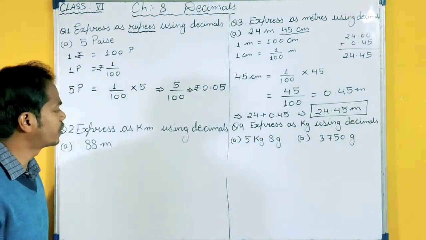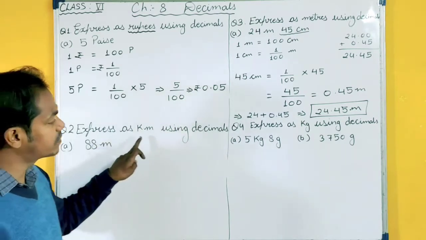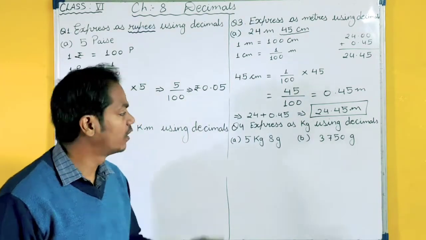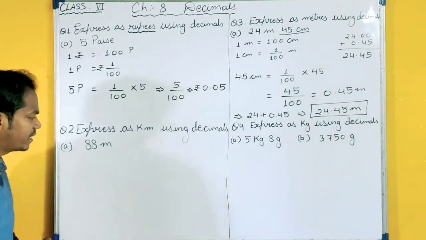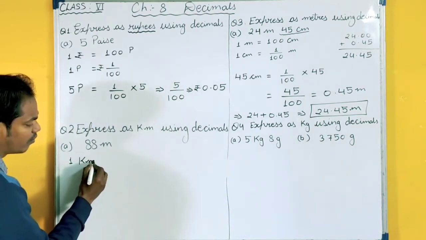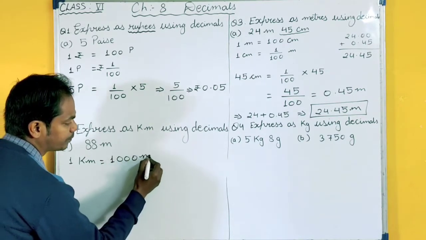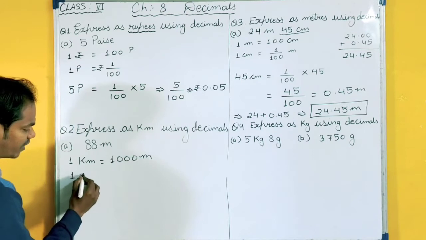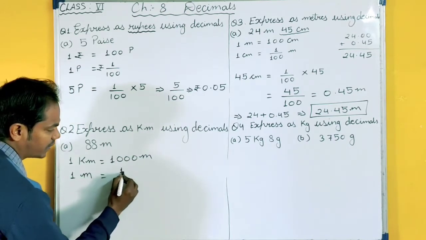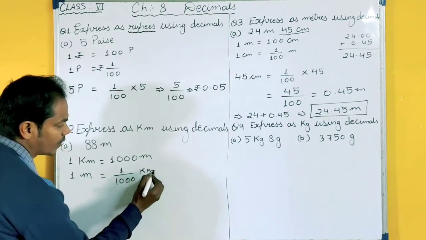Okay. Now come on to the next question. Express as kilometer using decimal. Again same, only you have to learn the unit. 1 kilometer is equal to 1000 meter. Same way, 1 meter is equal to 1 upon 1000 kilometer.